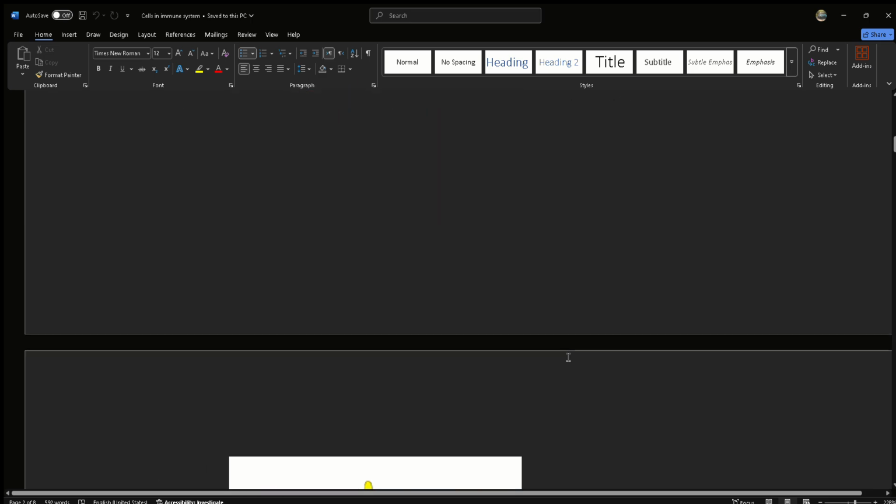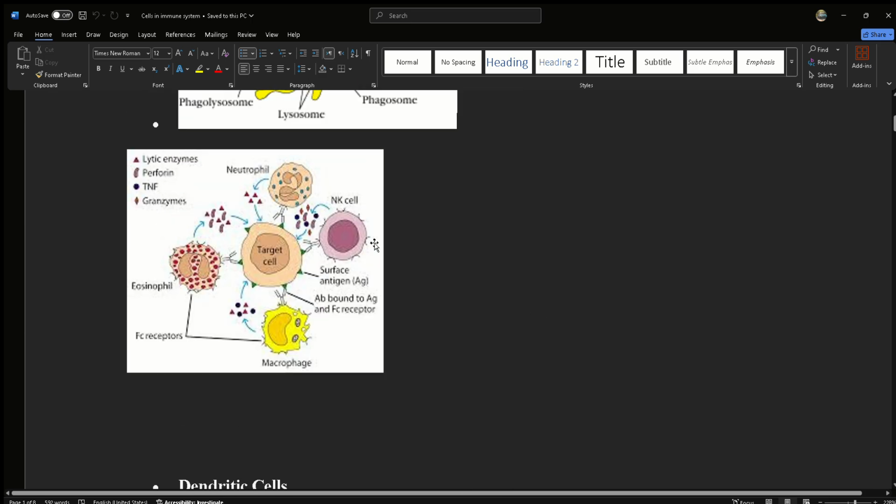Here in this diagram you can see that these neutrophils are secreting lytic enzymes to destroy the target cell, and these neutrophils will be informed. Neutrophils, NK cells, eosinophils and macrophages will all be informed by the antibodies, because these cells have receptors for the Fc part of the antibodies.